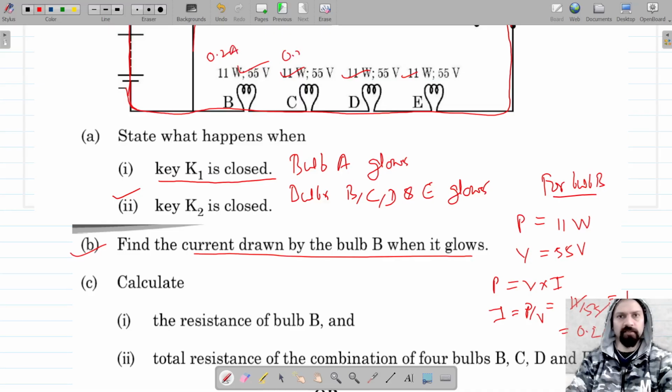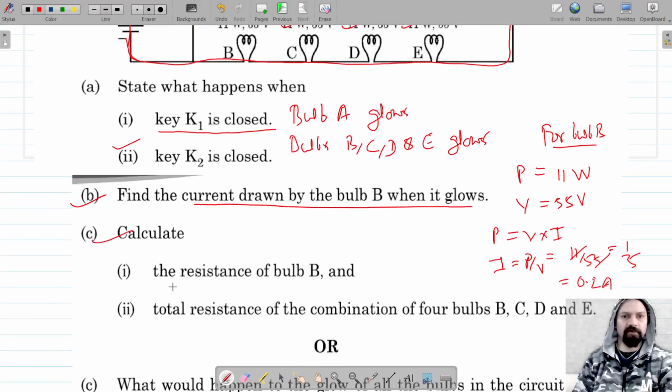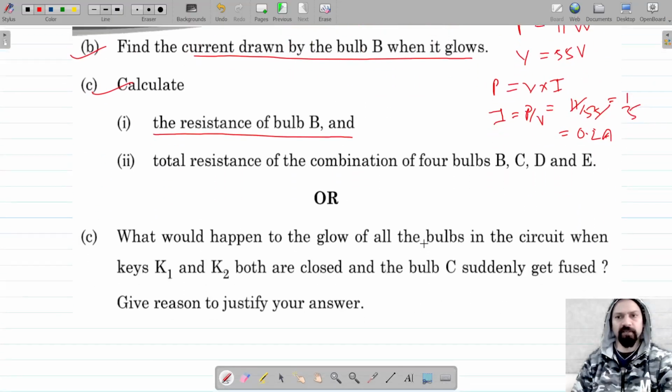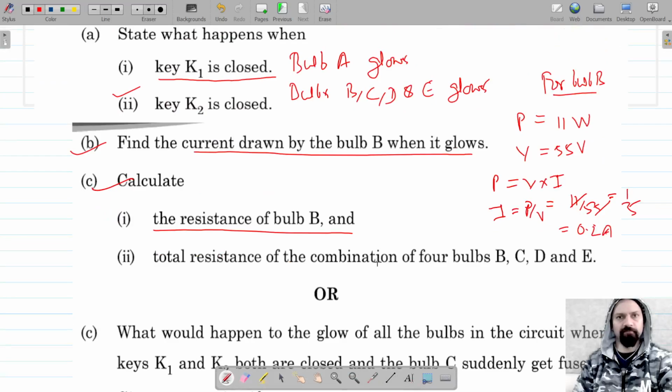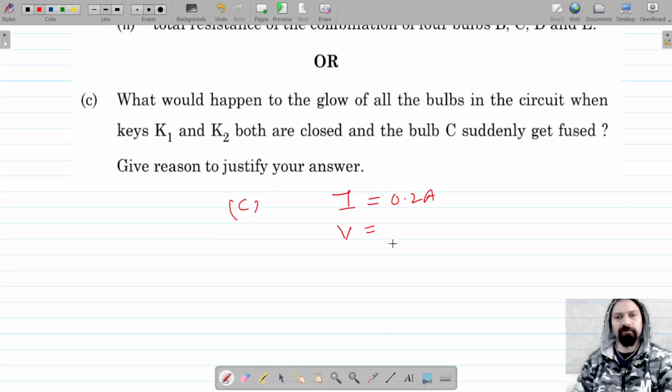So that means these are connected in series, so every bulb will draw a current of 0.2 ampere. Now, C says we have to calculate the resistance of bulb B. So for bulb B, we have current which is 0.2 ampere and potential difference across that bulb is 55 volt.